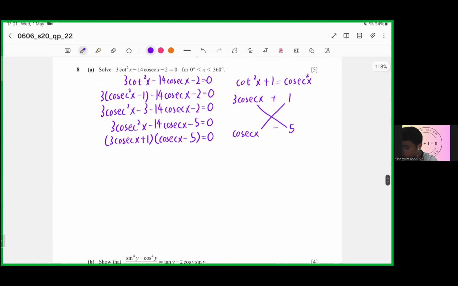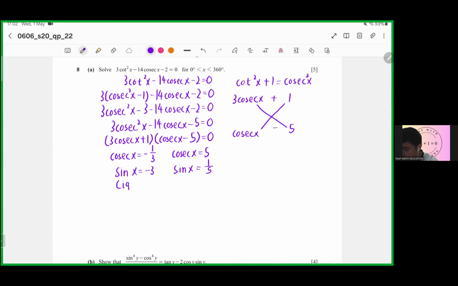Okay, now we do the next part. Cosec equals negative 1 over 3. And then one more is cosec equals 5. So from this we will get sine equals negative 3, and this sine equals 1 over 5.